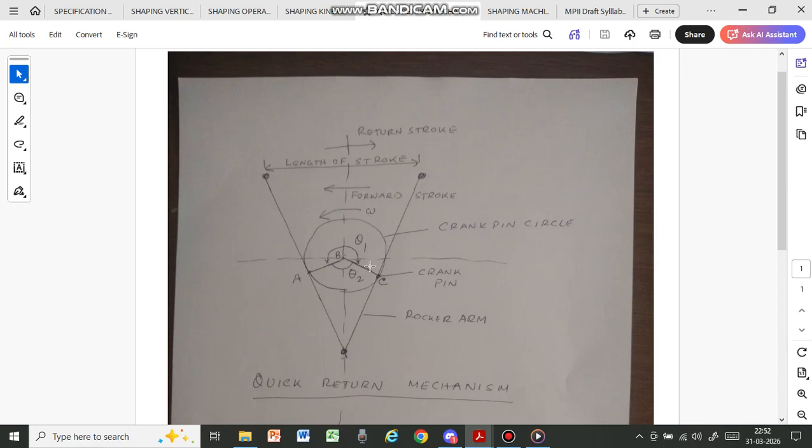If you observe, the angle θ1 is greater than θ2, and that is why the time for the forward stroke is higher than the time of the return stroke. That means there is a fast return, and that is why it is called a quick return mechanism. We will show you some animation to explain this position.